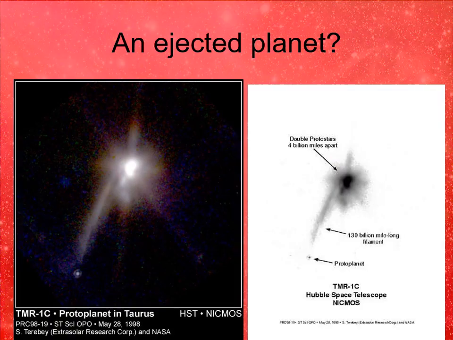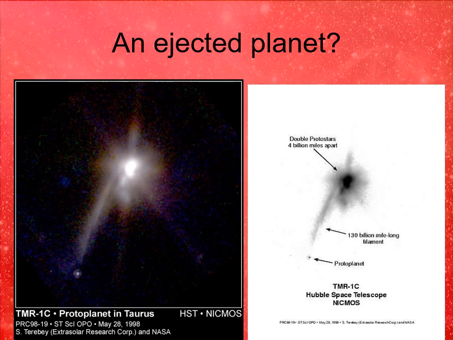And in fact, in the direction of Taurus, there's an object that looks like it's been kicked out from a protostar. And so this is possibly a planet being kicked out. Remember, we said that if Jupiter and Saturn form really closer together than they currently do, Jupiter would move in closer and Saturn would have moved out further.